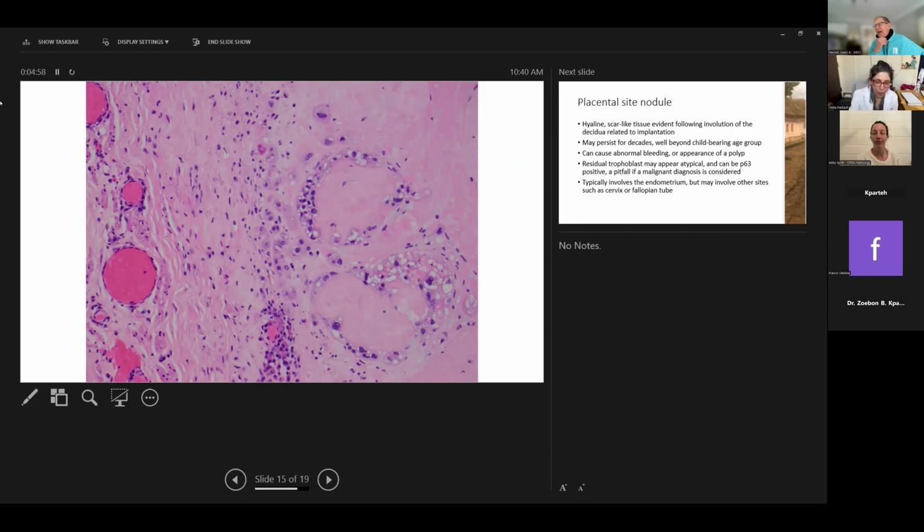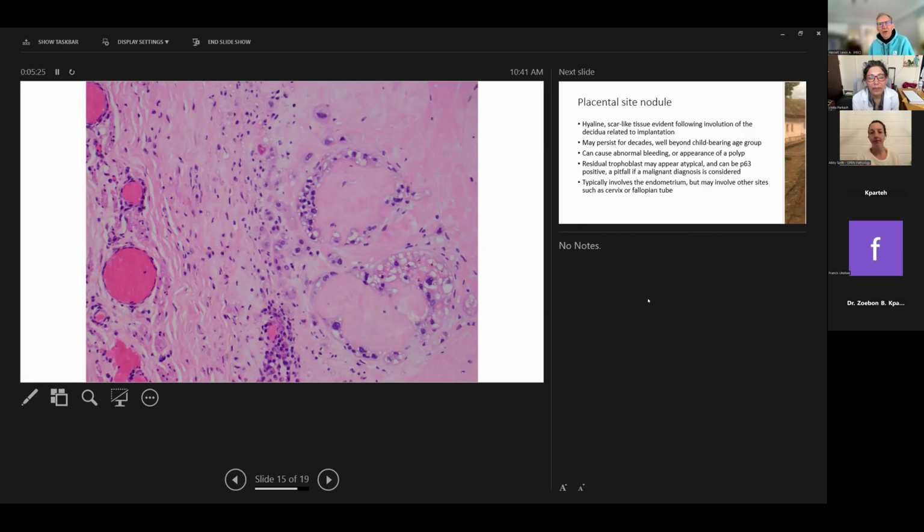And that, of course, is one of the hallmarks: this lesion can stick around for literally decades after the gestation occurred, much as a cutaneous scar or another lesion might lead to some residual collagen deposition.